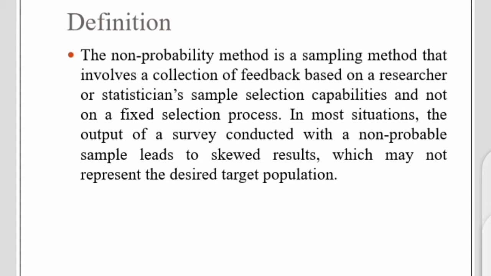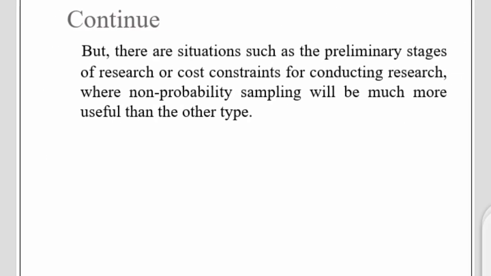In most situations, the output of a survey conducted with a non-probable sample leads to skewed results which may not represent the desired target population. But there are situations such as the preliminary stages of research or cost constraints of conducting research where non-probability sampling will be much more useful than the other types.